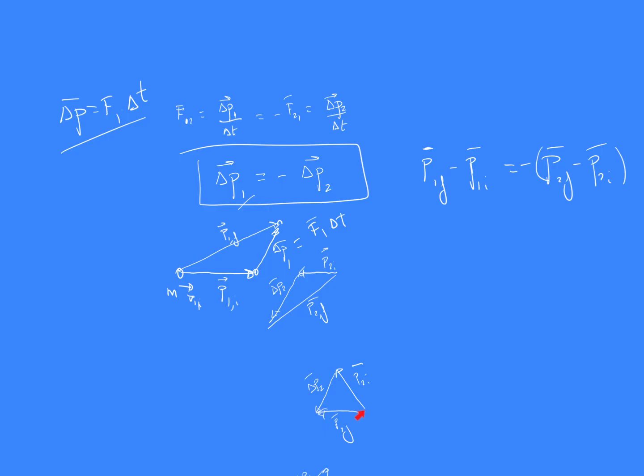So now P2 final will be P2 plus the change. P2 final will move in this direction, while before it was moving in this direction. So you can draw a conclusion about this and think about this a little bit.